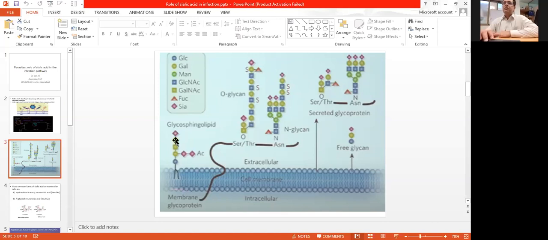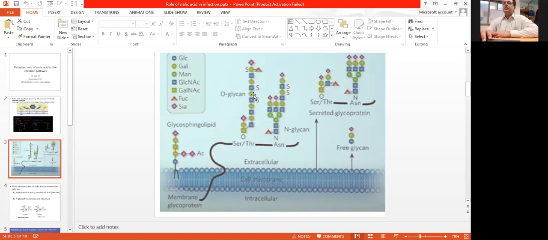Or this is another membrane molecule, glycosphingolipids, and you can see these sugars attached to them. The sialic acids are also attached to free glycans or secreted glycoproteins, to secreted proteins, to peripheral proteins which are part of the membrane, and to glycoproteins and lipoproteins or integral proteins, which are an integral part of the membrane.